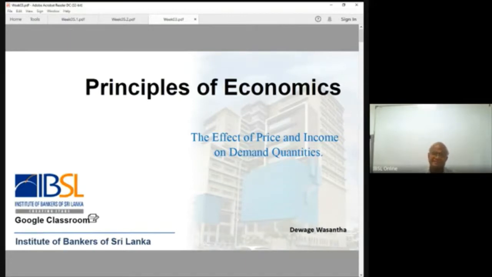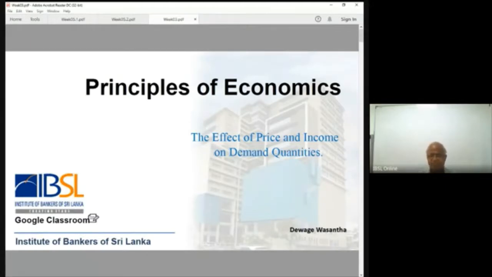Similarly, we change quantity demanded of a good or service in response to the price of another good, the price of a substitute good or the price of a complementary good. That is another measure. Like that, we discussed price elasticity of demand, income elasticity of demand, cross price elasticity of demand. We interpreted those things and we discussed a few examples.